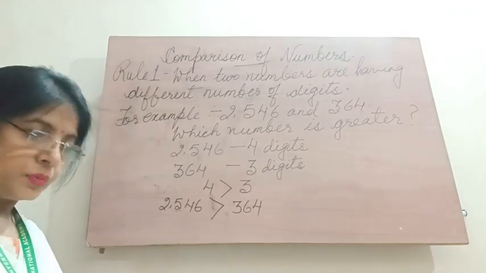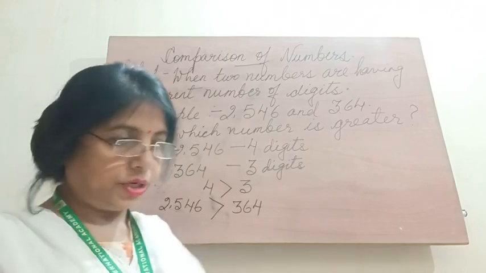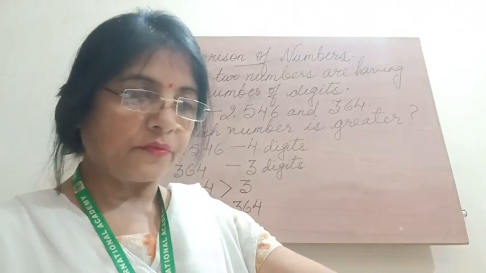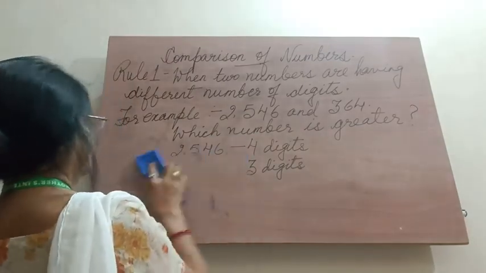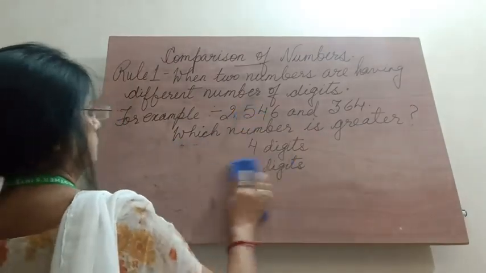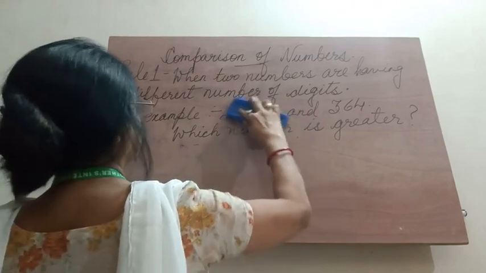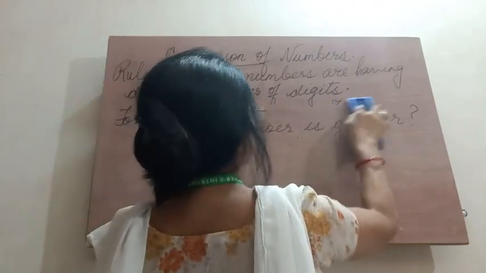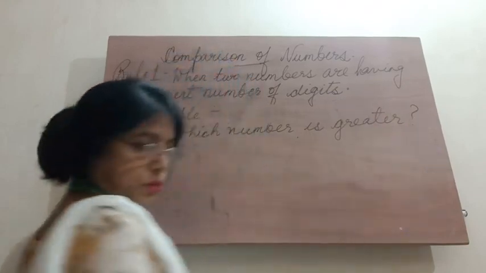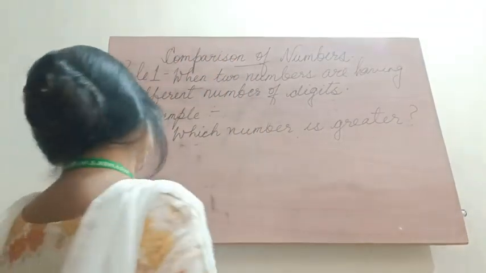So what we get? That 2546 is greater than 364. Now I am going to give you one more example.